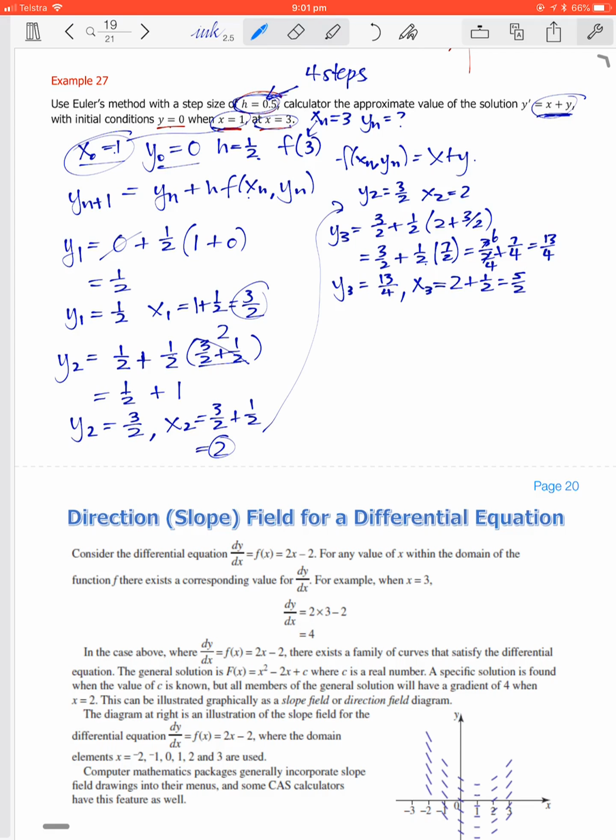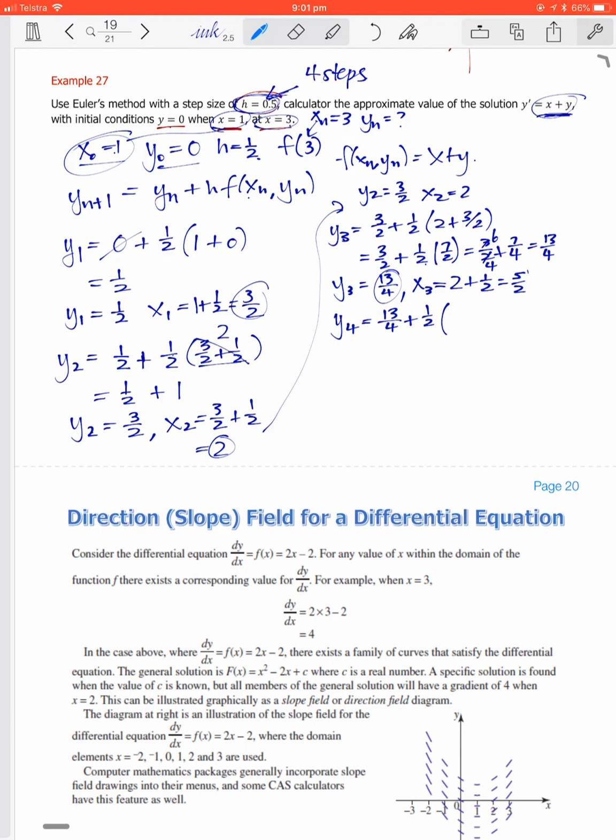Now our next value is going to be our answer, because we've done 1 step, 2 steps, 3 steps. We know y4 is our answer. y4 is equal to y3 plus a half times these two things multiplied together. So 13 on 4 plus, I'm going to put that on 4, so 10 on 4.